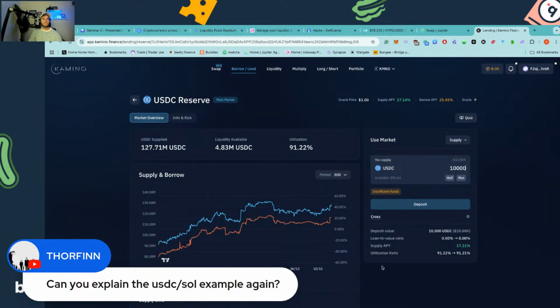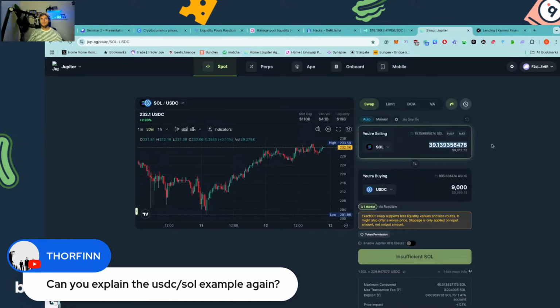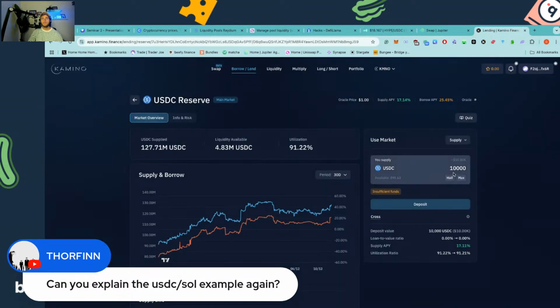This says once you deposit $10,000 worth of USDC, you can technically borrow up to 90% in any other asset, right? So you go and take $9,000 worth of Sol, and let's say that works out to be 39 Sol at current prices, at the point at which you take the loan.